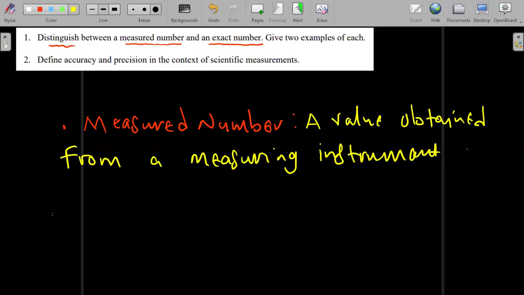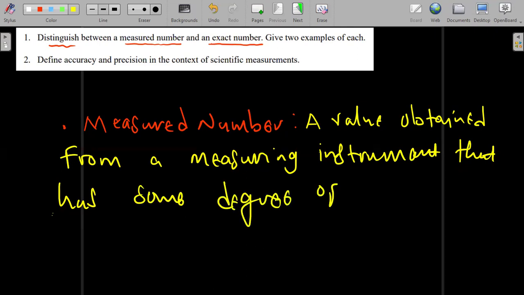This instrument should have some degree of uncertainty. So a measured value is just a value obtained from a measuring instrument that has some degree of uncertainty.